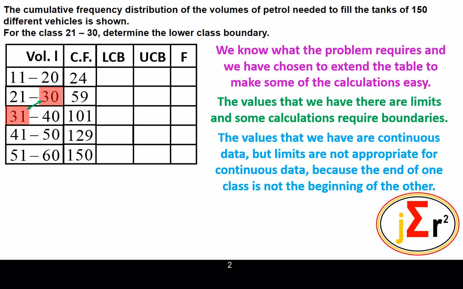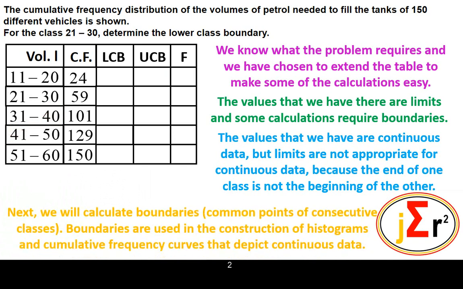So there is a depiction of discontinuity right there, and we need to depict continuity. Also, one class ends at 40, the other one begins at 41. And that is shown by the class limits. Because they are not equal, we cannot use those limits to depict continuous data.